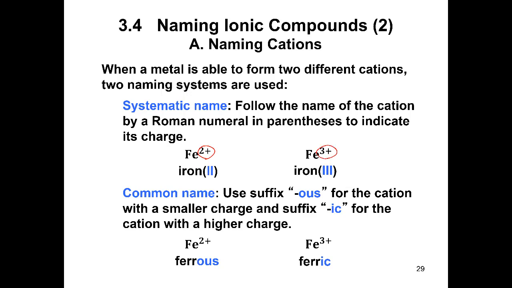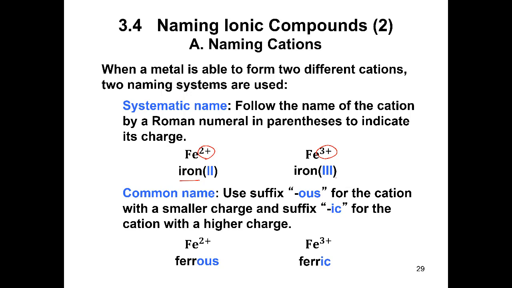So we would have to say iron, Roman numeral 2 in parentheses, versus iron, Roman numeral 3 in parentheses, so that whoever is looking at drawing a formula from that knows which one it is. And it's also going to be critical in how many anions are going to have to attach to that iron, depending on whether it's a +2 or a +3.